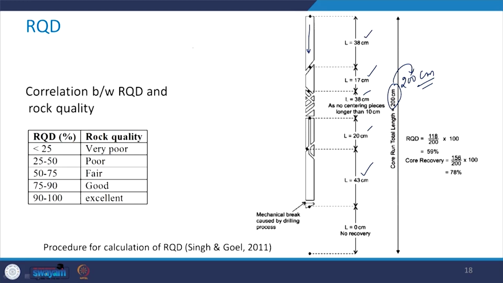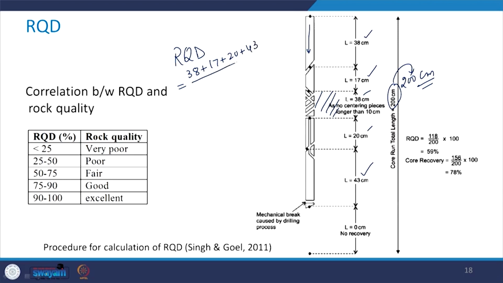So, what is RQD going to be? This RQD is going to be the sum of all the pieces which are more than 10 centimeters long. We will start from the top, that is 38 plus 17 plus, because in this zone there is nothing which is longer than 10 centimeters, we are not going to take that, plus 20 plus 43.